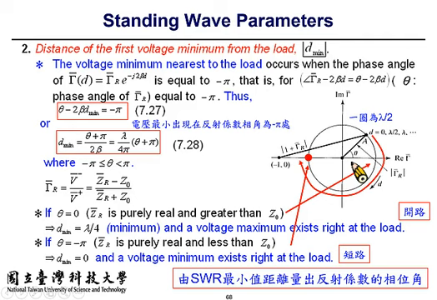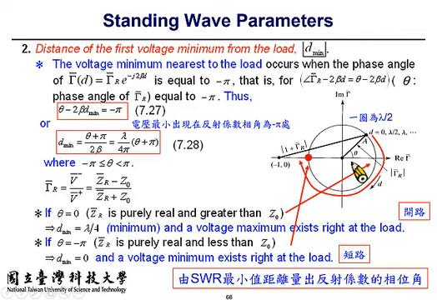Okay? So use this relationship, beta equals 2 pi over lambda, and you can write up equation 7.28. The d minimum can be expressed as lambda over 4 pi times theta plus pi.